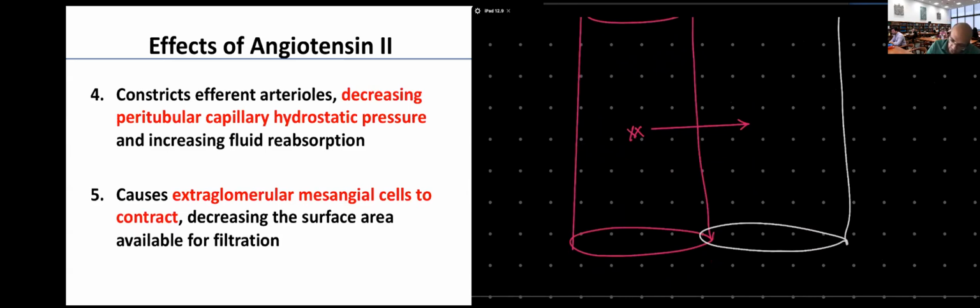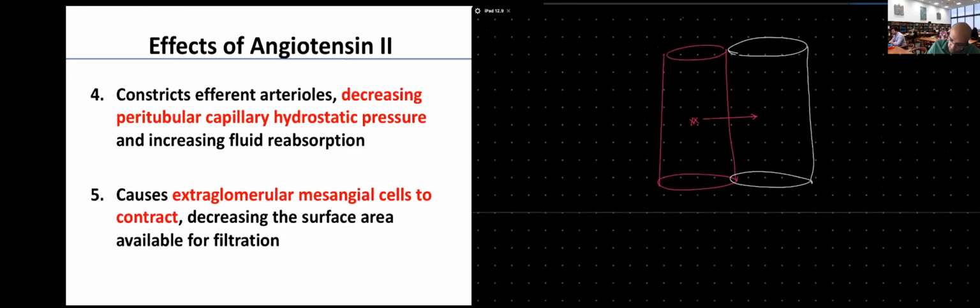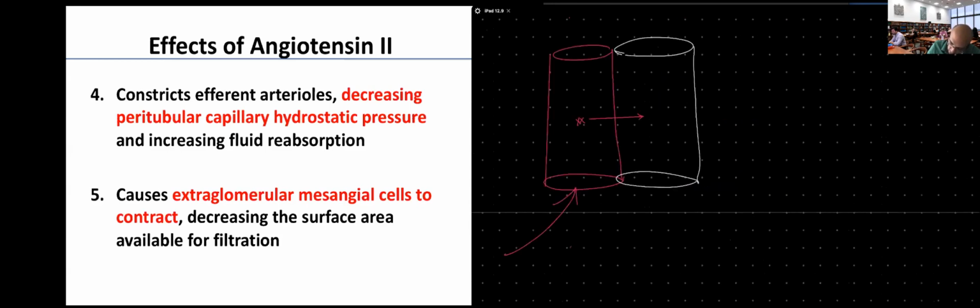I'm telling you that the source where I'm getting this blood into my peritubular capillary is closing, it's narrowed, it's constricted, and this is the effect of angiotensin II.